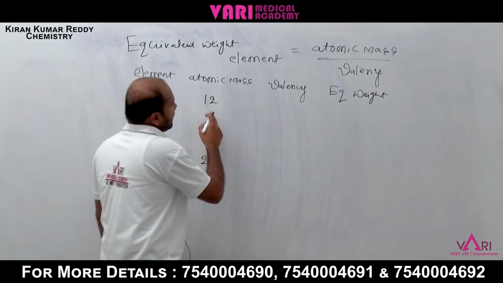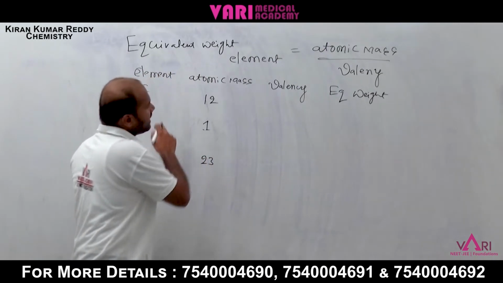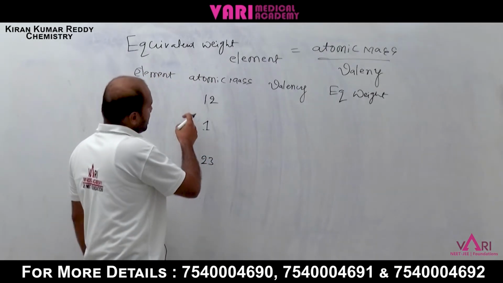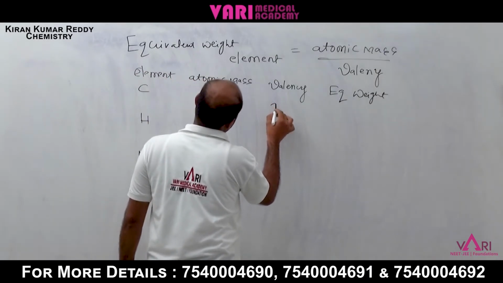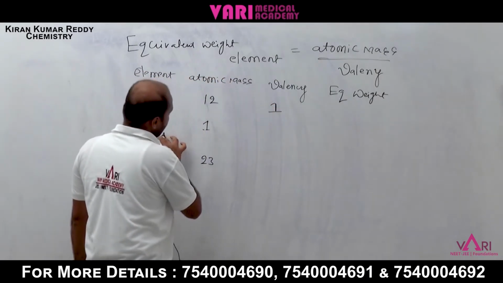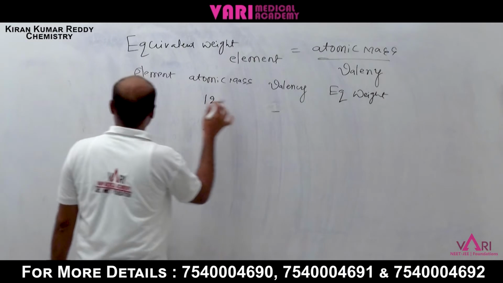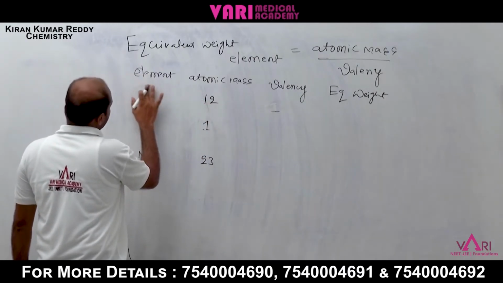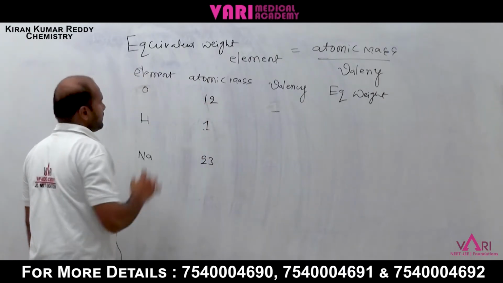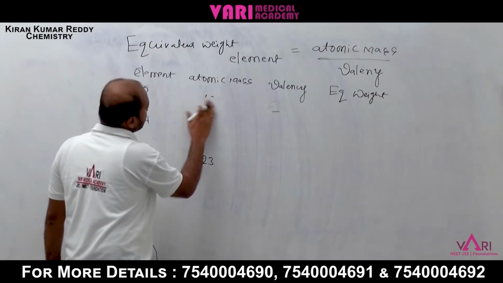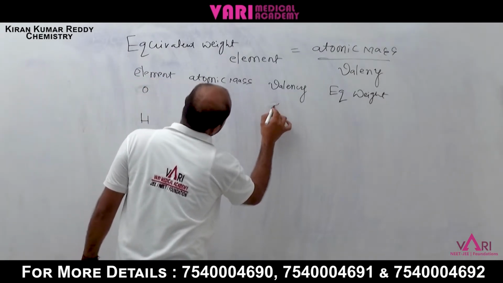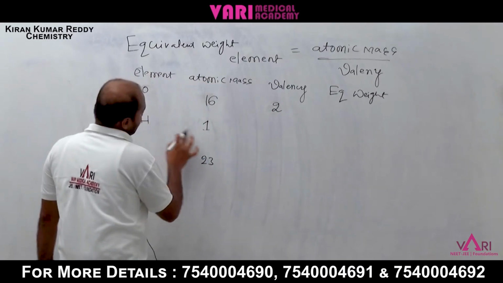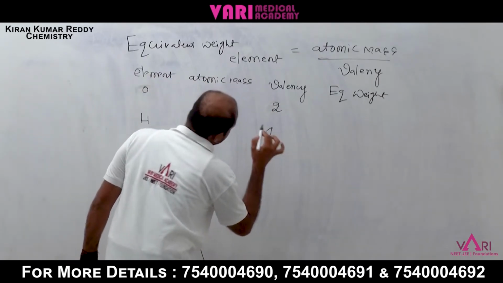Now we can take the valency. What is the valency of carbon? Here we are taking oxygen in place of carbon. Oxygen atomic mass is 16 and valency is 2. Hydrogen atomic mass is 1, valency is 1.